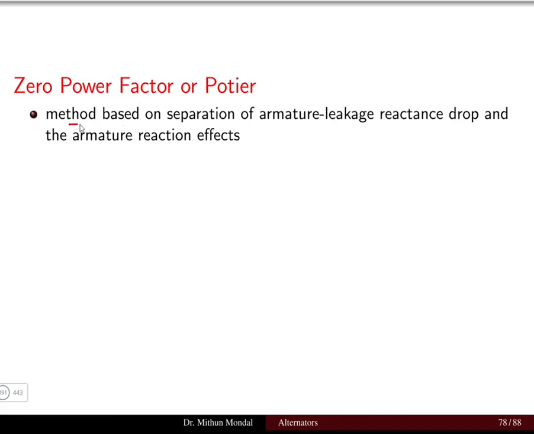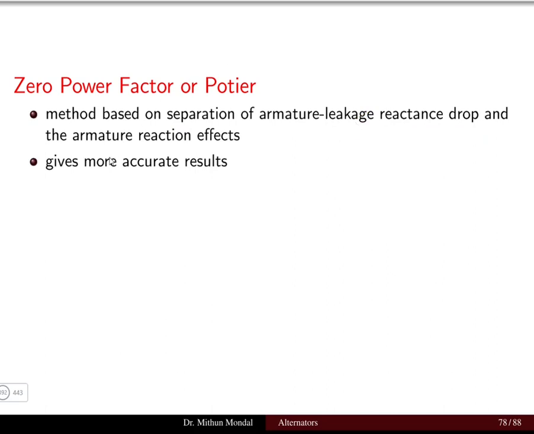Here, this method is based on separation of the armature leakage reactance drop and the armature reaction effect. We have seen that in the EMF method, armature reaction was taken precisely in the Xl, that is the leakage reactance. In the MMF method, we took it along with the Xa. Here, we will take both separately in the zero power factor method.